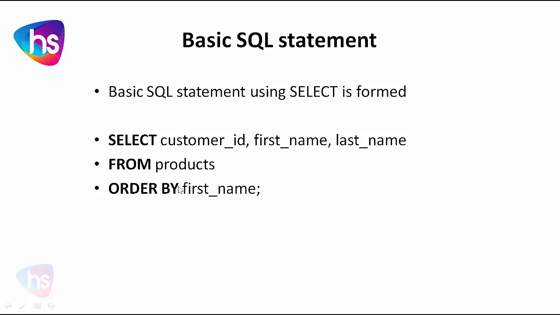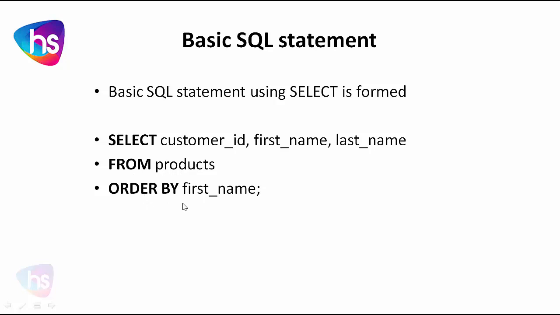The highlighted words, like FROM, are predefined keywords in MySQL or any database supporting the SQL language. Strongly remember it. Here we select three columns from the products table. That is the table name, products.